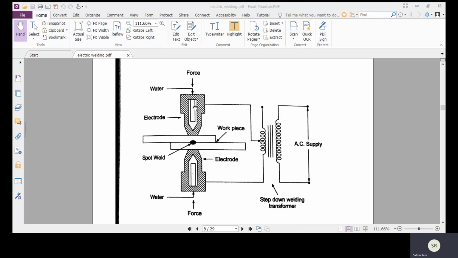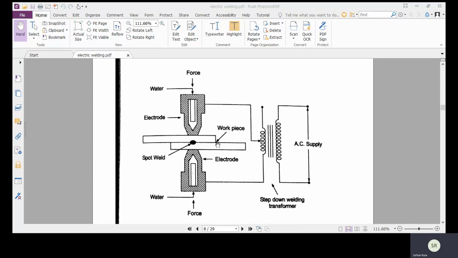The fusion of the material takes place at the spot. Whenever a huge amount of current is passed, heat is produced and the fusion is made at this spot. The sheet is then moved to another spot to weld at the desired location.